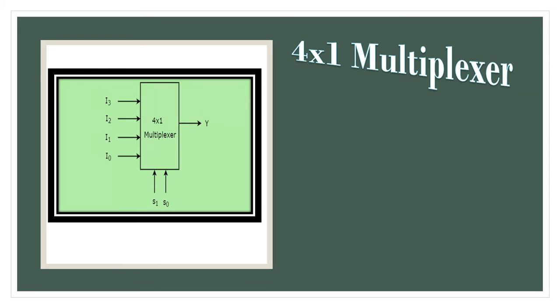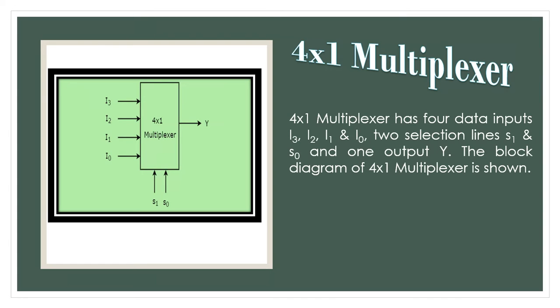Now we come to the 4 into 1 multiplexer. This is a block diagram which shows there are 4 inputs, and you have a 4 into 1 multiplexer. The selection lines are very important. From below you can see arrows S0 and S1, and the output is only Y, that is 1.